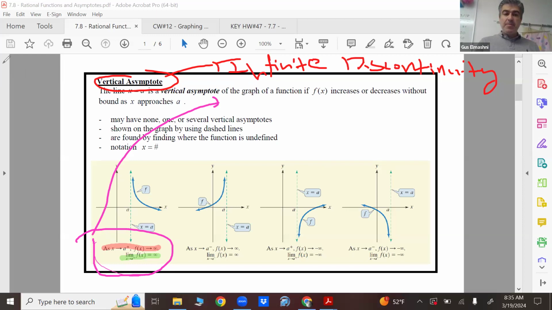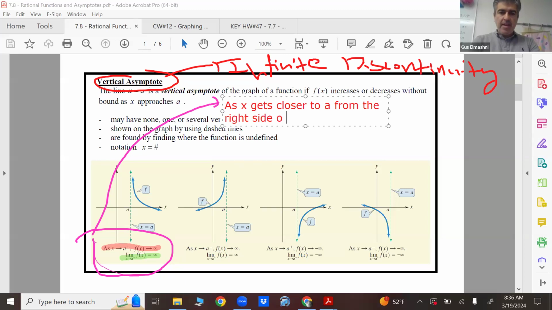Here's what it means in layman's terms. It means as x gets closer to a from the right side of a, y goes towards positive infinity.